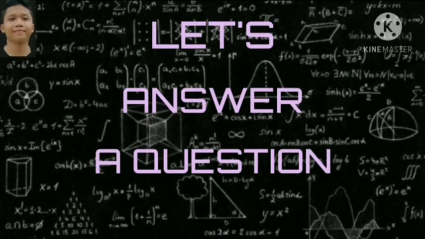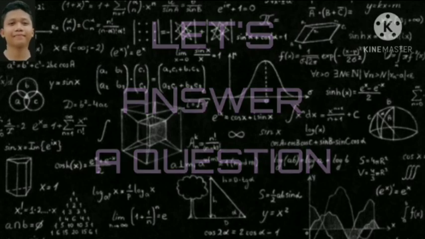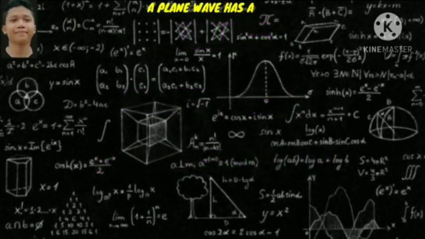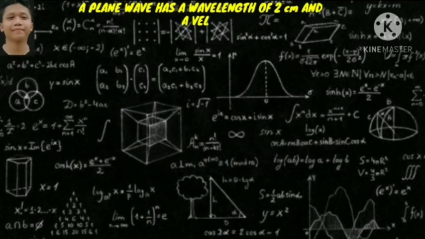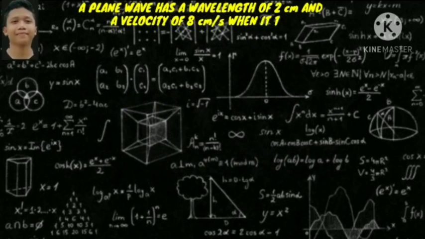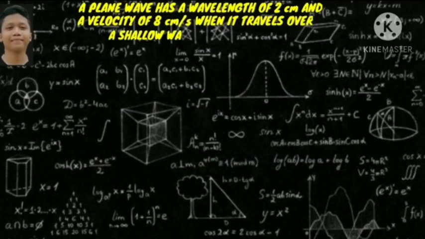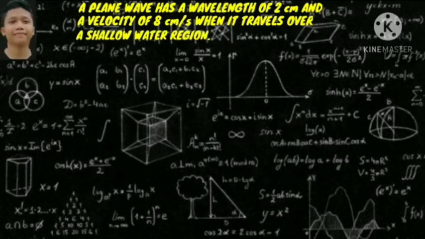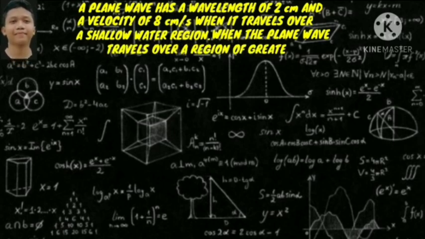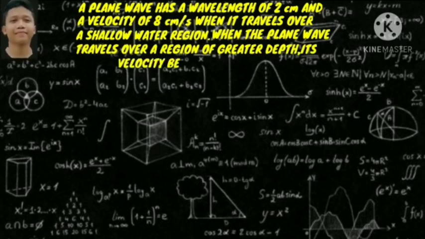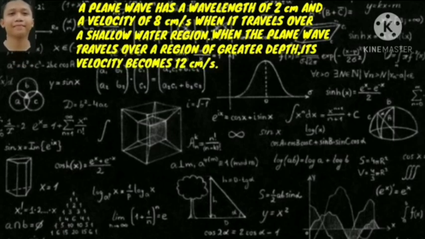Now, let's answer a question. A plane wave has a wavelength of 2 cm and a velocity of 8 cm per second when it travels over a shallow water region. When the plane wave travels over a region of greater depth, its velocity becomes 12 cm per second.